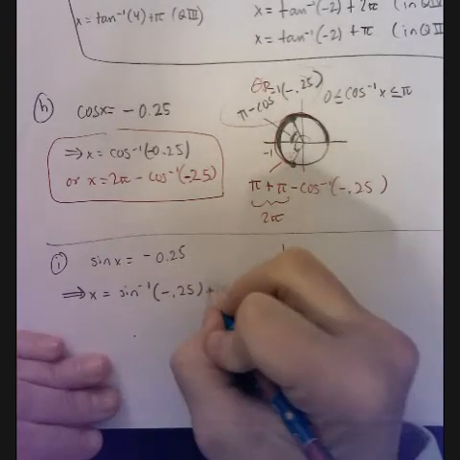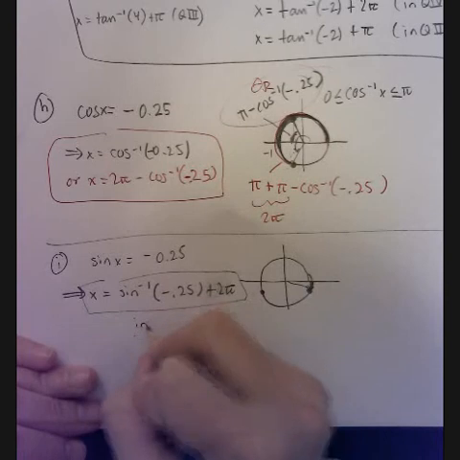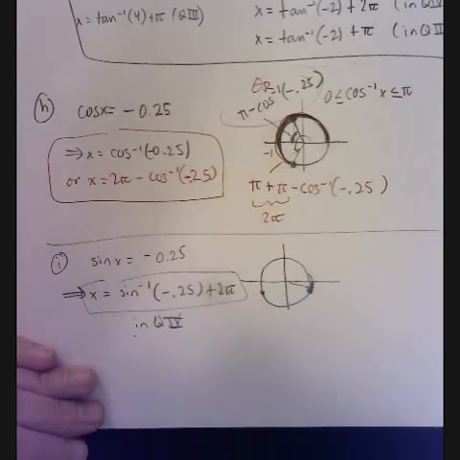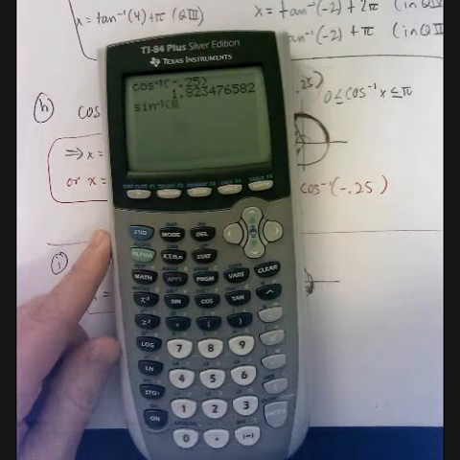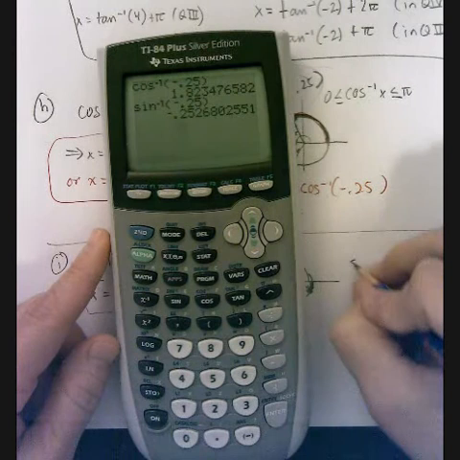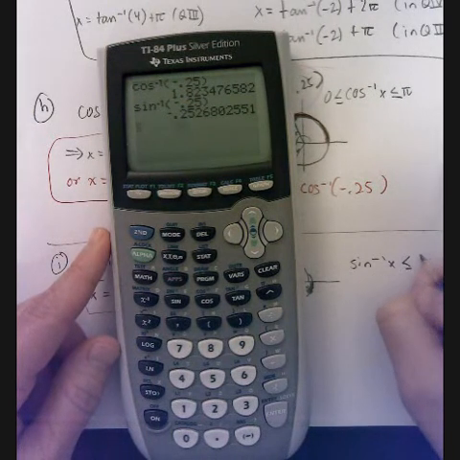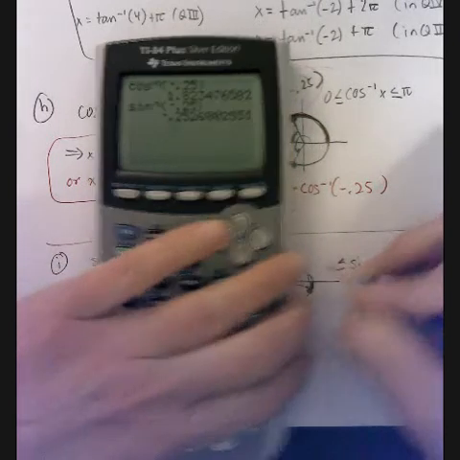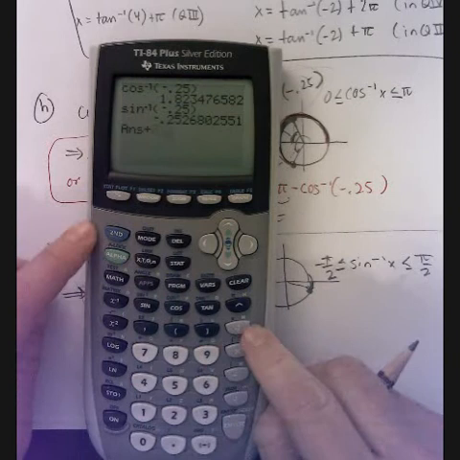Okay, so this is in quadrant 4. Look at the calculator. Sine inverse of negative 0.25. See, that's negative because sine inverse of x, or arc sine, is between pi over 2 and negative pi over 2, right? So you need to add 2 pi.